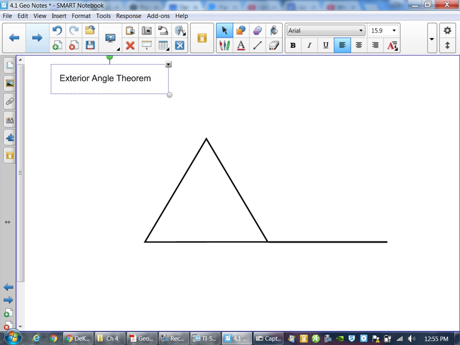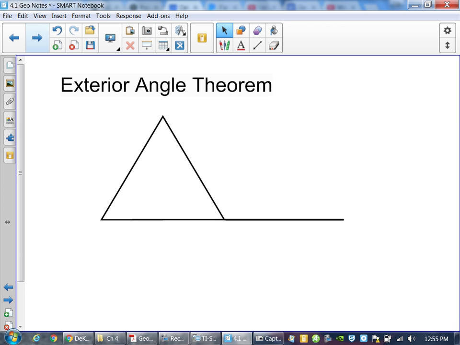It's called the exterior angle theorem. And it basically says the following. An exterior angle is an angle on the outside of an object. In this case, we're talking about a triangle. In other instances later on, we talk about polygons. We'll use some variants of this later.